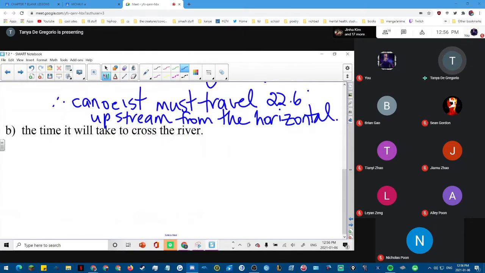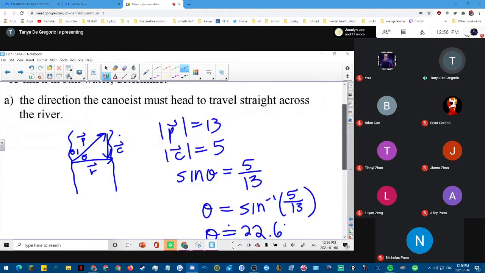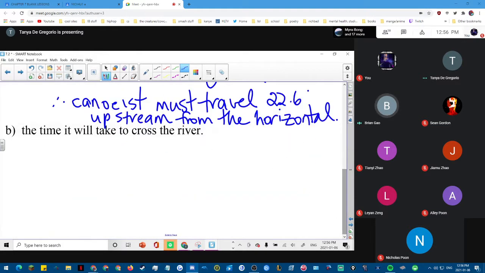Okay, the time it will take to cross the river. So how long now is it going to take to cross this river? So what information do we have here? How long is it going to take to cross this river? What do you guys think we need to do here? So we have, Brian, you can go. Okay, let's find the resultant using Pythagorean theorem. Yeah, why? You're right.